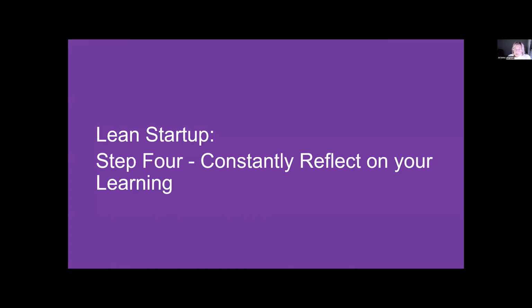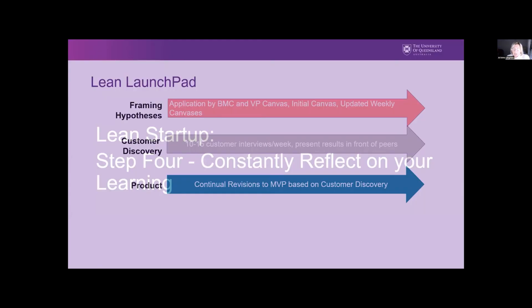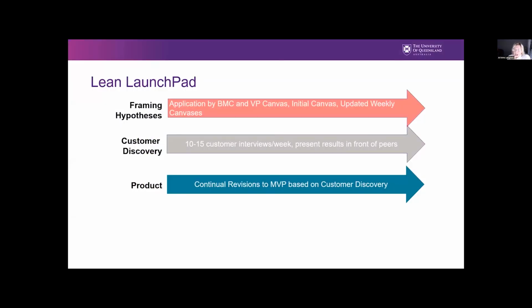Step 4, constantly reflect on your learning. This is one of the most important things about doing this kind of work: the reflection, the thinking about what's happening, absorbing that feedback, and then trying to make some kind of iteration or translation of what you've heard.